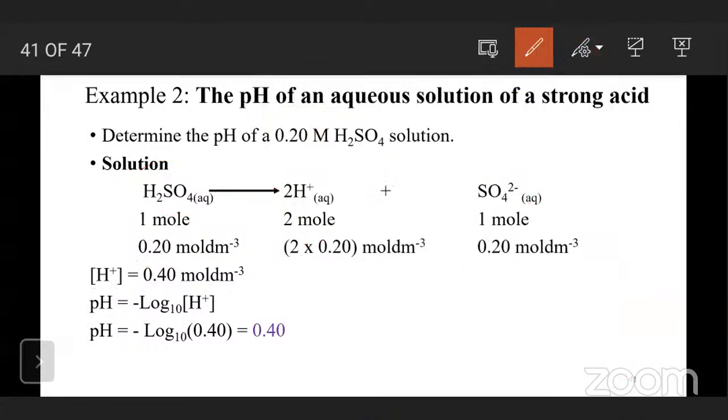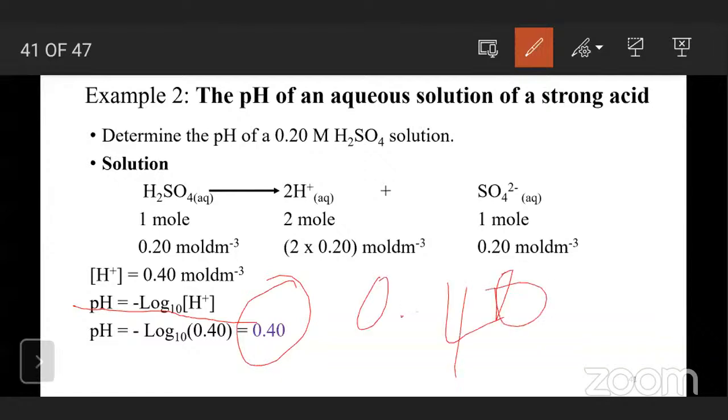If you put this value into the equation for pH, that's pH equals minus log to base 10 of hydrogen ion concentration, then you have 0.40. This looks very tricky because when you have minus log to base 10 of 0.40, you're still getting 0.40 back.